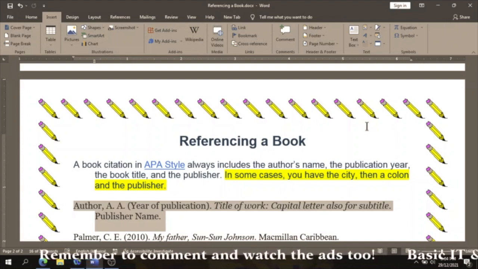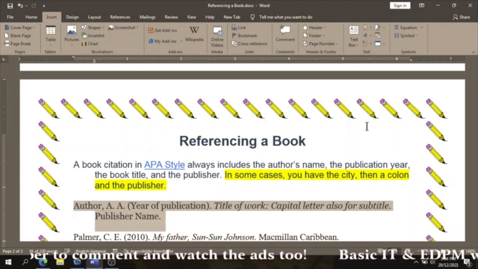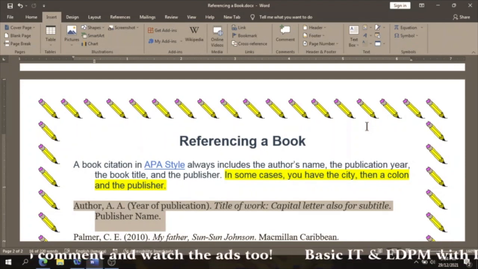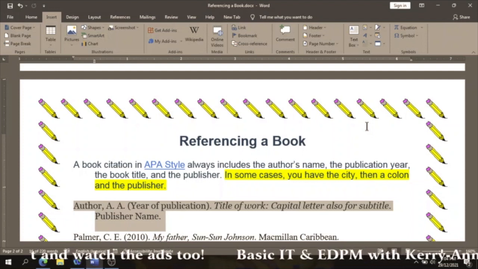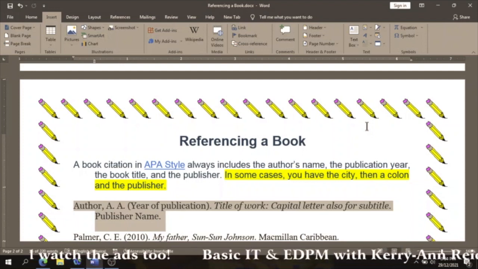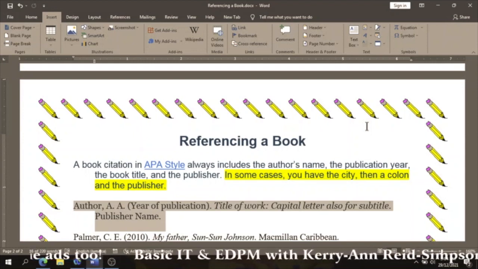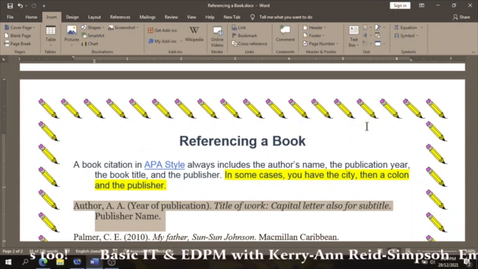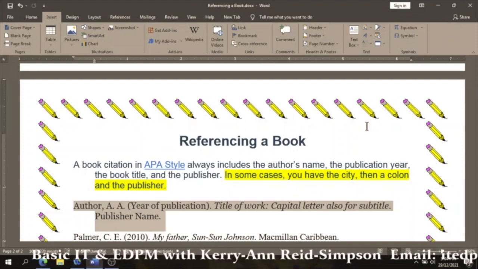And of course, your book title in this case will be placed in italics. So when you are referencing a book, the book title is what is placed in italics. After that, you'll put a full stop and a space, and then put the publisher name.